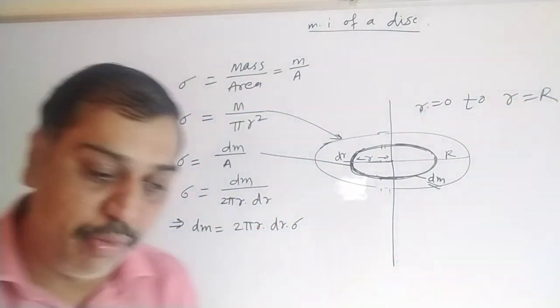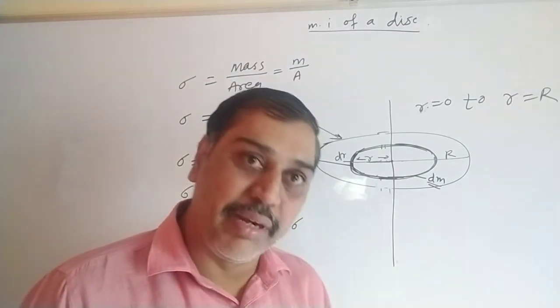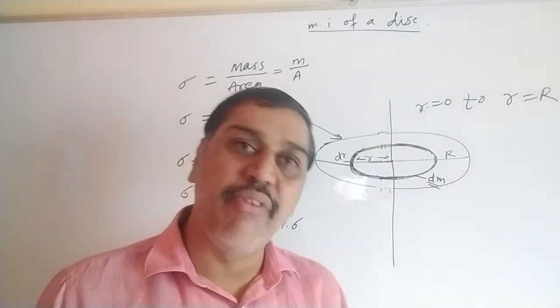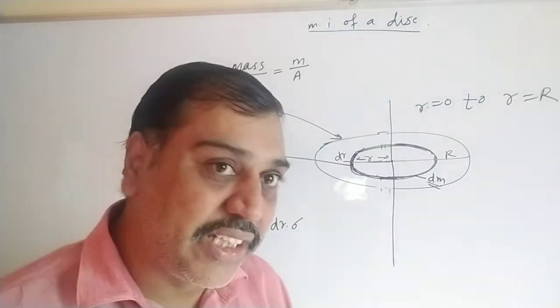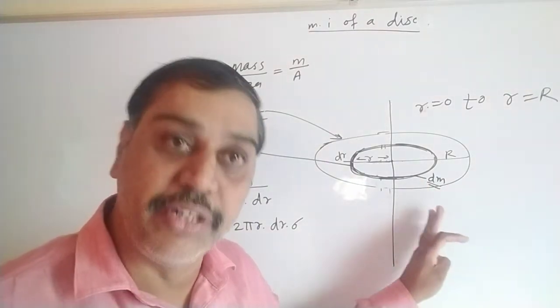To find its moment of inertia, we use the simple moment of inertia formula, and we will take its integration because it is a continuous distribution of mass dm.